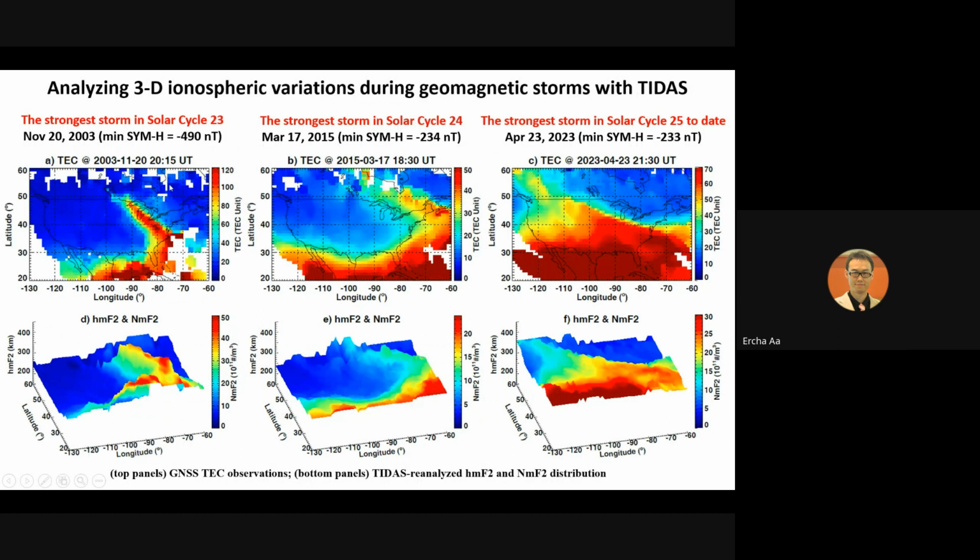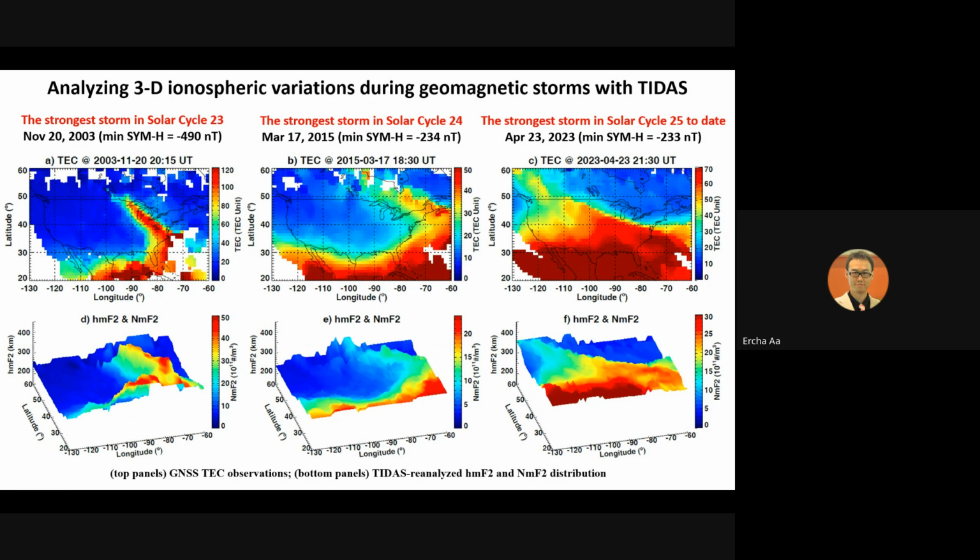The first one is November 20, 2003, the largest storm in solar cycle 23, with minimum SYM-H reaching minus 490 nanotesla. So we can see the LCD structure here. The middle one is March 17, 2015, the St. Patrick's Day storm, the largest storm in solar cycle 24. And we also have April 23, 2023, the largest storm in solar cycle 25 to date.